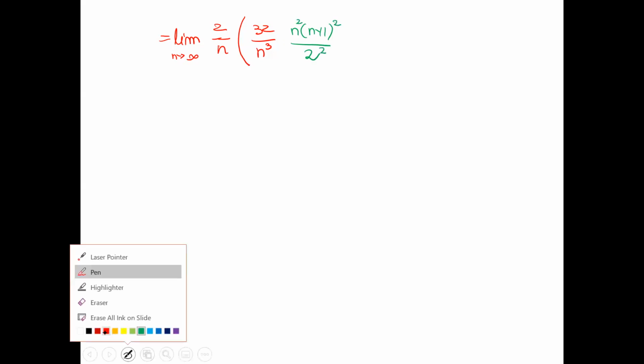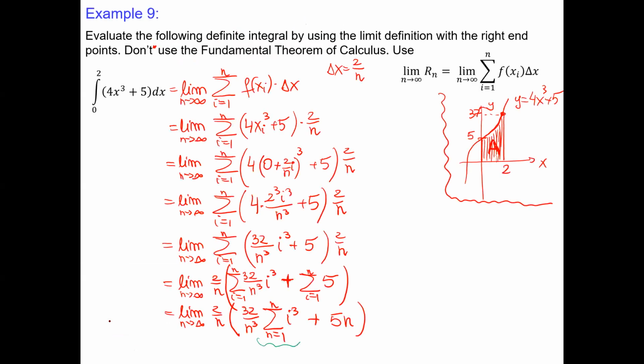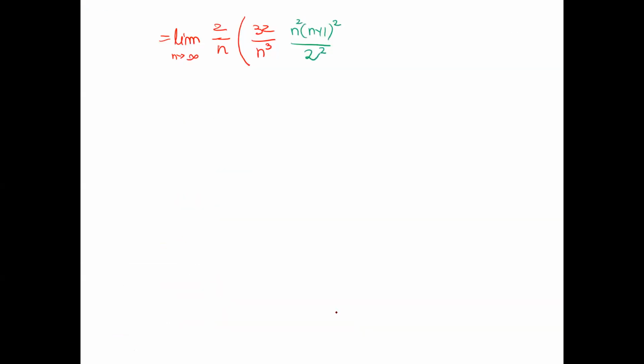I hope we remember n times n plus 1 over 2, but everything is squared. I can do squared, or I can square each factor, squared, squared, and squared. Because we have that formula. And then 5n, I can simply copy 5n.